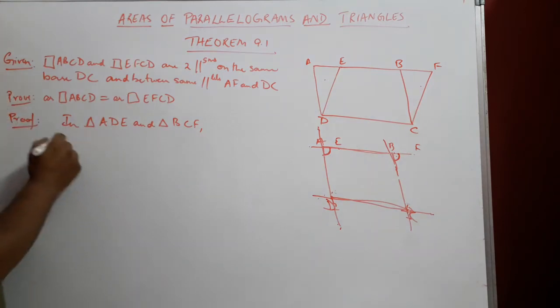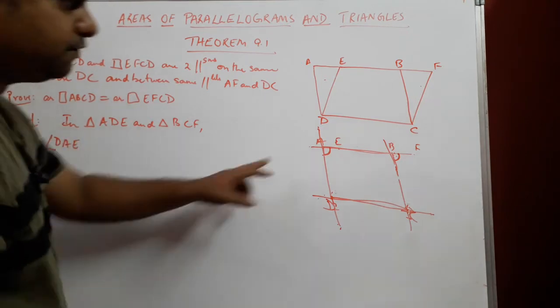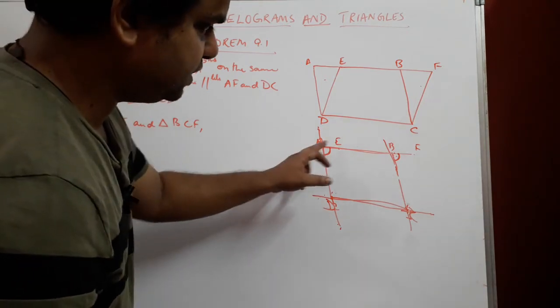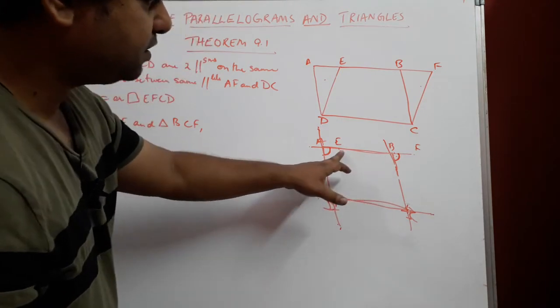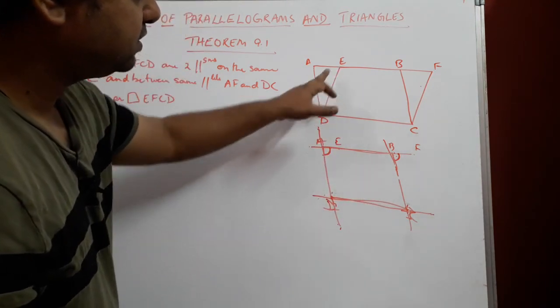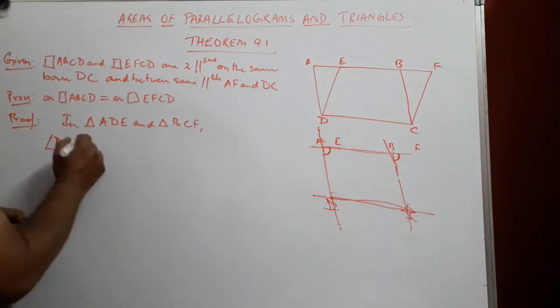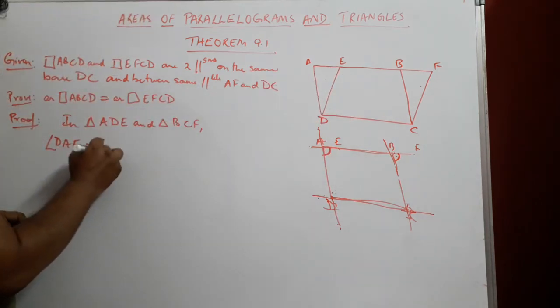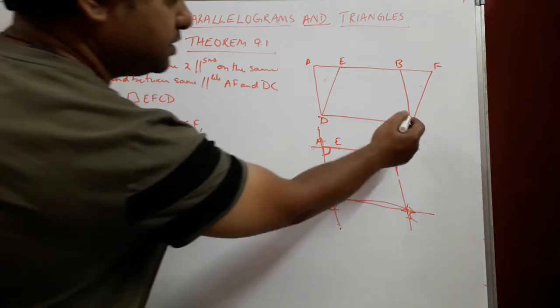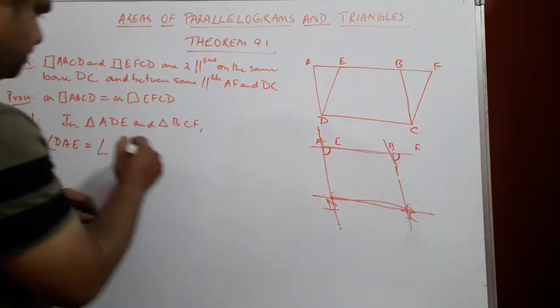So we can write over here angle DAE. We don't take the full angle DAB, but we take DAE since the vertex is over here. So DAE is equal to angle CBF.